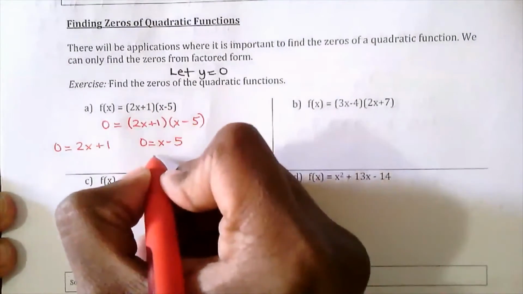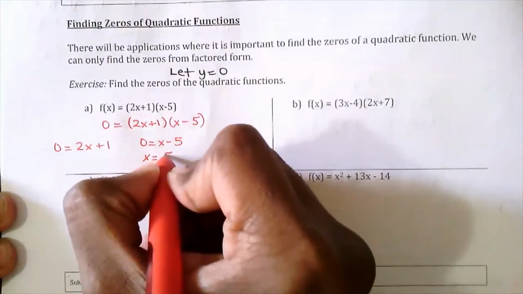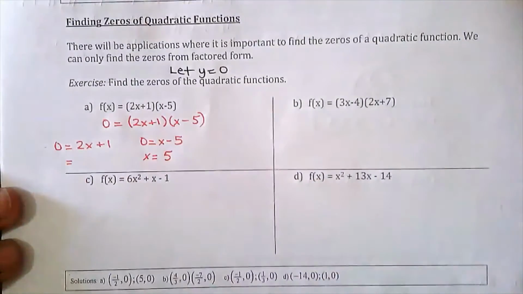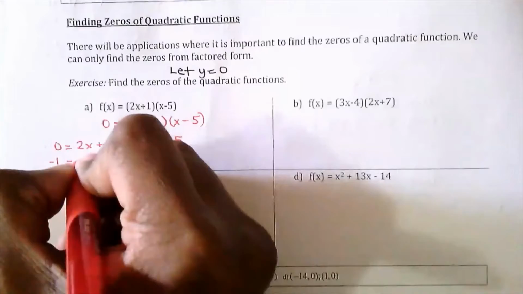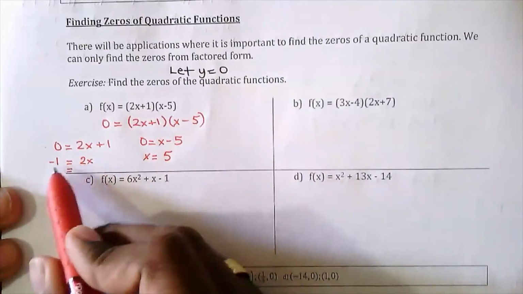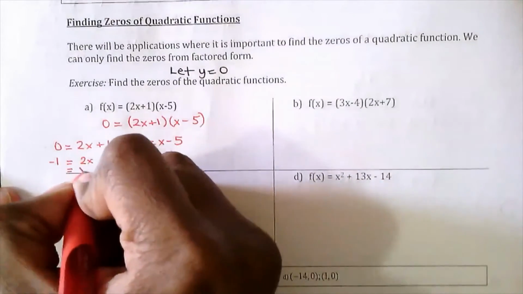So in this case, when I isolate, I bring the negative 5 over to become positive 5, so x equals 5. And to isolate for this, I bring the negative 1 over first, so negative 1 is equal to 2x. And to isolate for the x, I divide both sides by 2. So here, 2 divided by 2 would just become 1, so x.